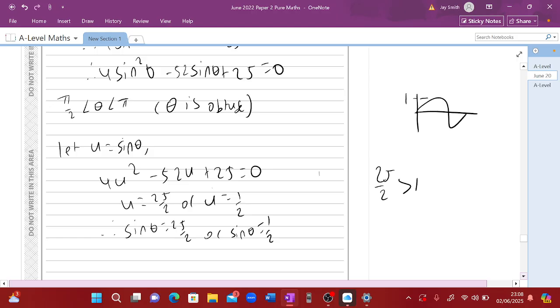So you'll have no solution here. Our only solution will come from sine theta is a half. So theta, if we arc sine a half, will be, well, it's in degrees now, 30, which is pi over 6.